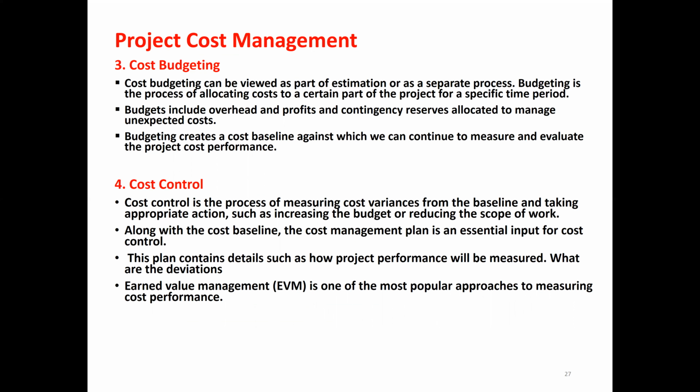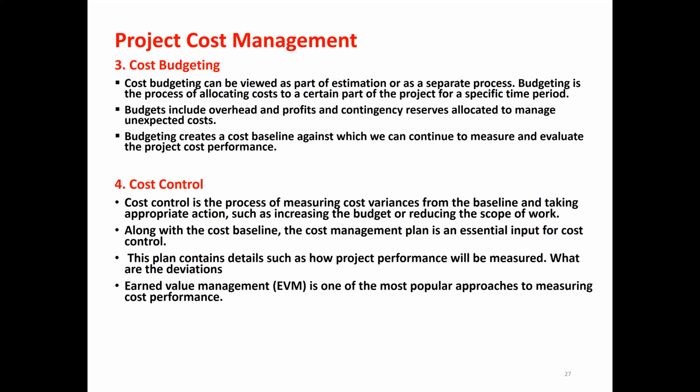Budget creates a cost baseline against which we can continue to measure and evaluate the project cost performance. So in the budget, we have to include direct cost, indirect cost, overhead cost, and then the profit.